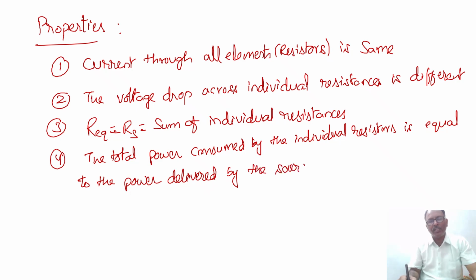Whatever power is delivered by the source, that entire power is going to be consumed by all the individual resistances. So the sum of all individual power consumptions in the individual resistances is equal to the total power delivered by the source. These are the characteristics of a series circuit.